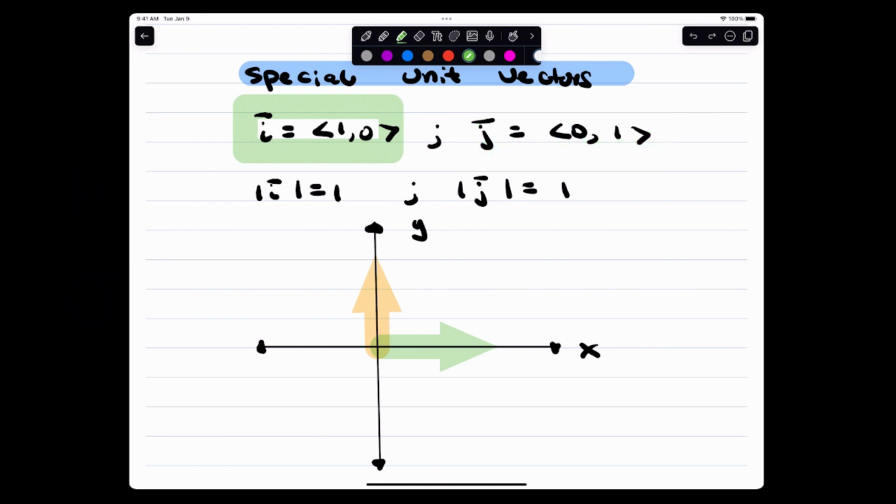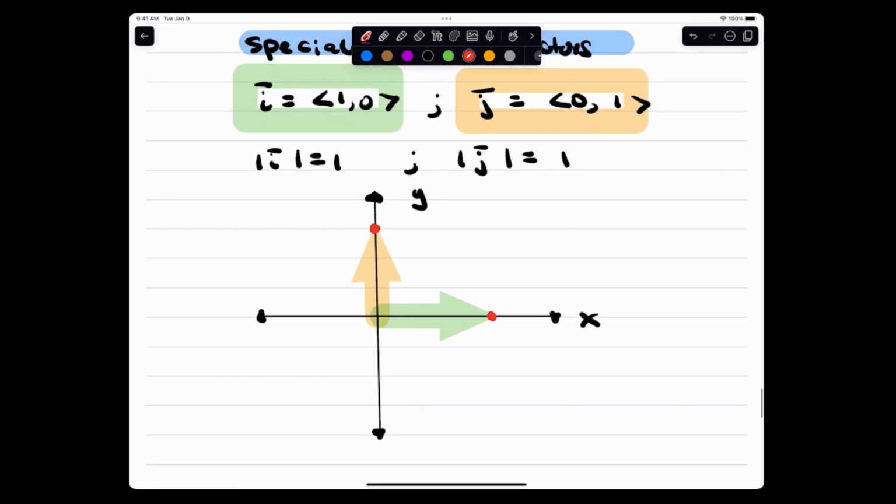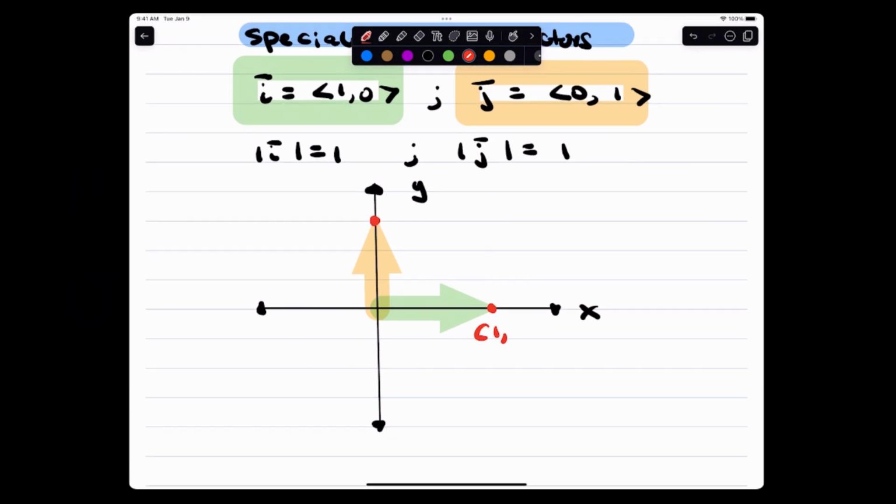Right, so we graph these vectors. So just to kind of point out to you guys again, how do you graph that? Well, you plot that point. This is your terminal point for vector i. And then vector j, the terminal point is 0, 1.